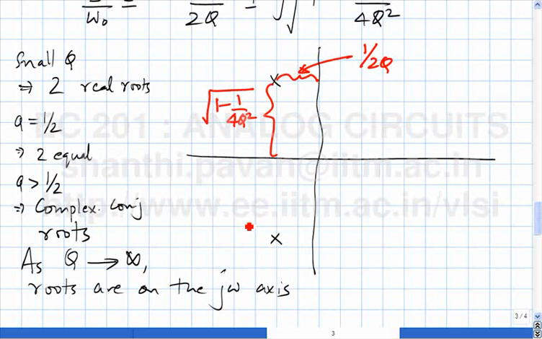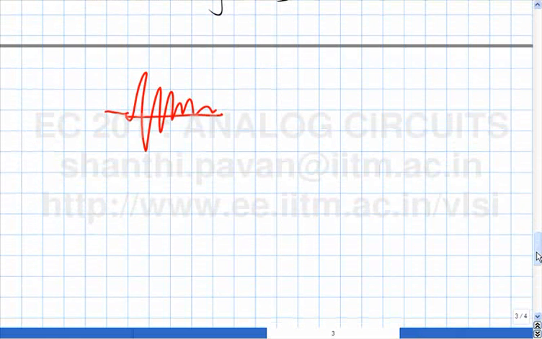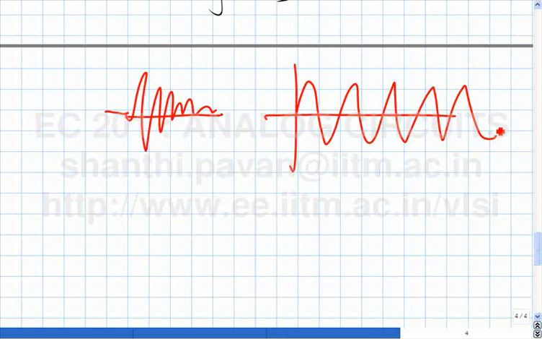If the poles sit on the j omega axis, what would you expect? If you touch the system, it will go on ringing like this. And the frequency of the ringing is the radian frequency omega naught, so the time period is 1 over f naught, where f naught is omega naught by 2 pi.